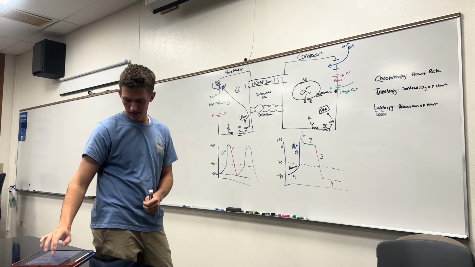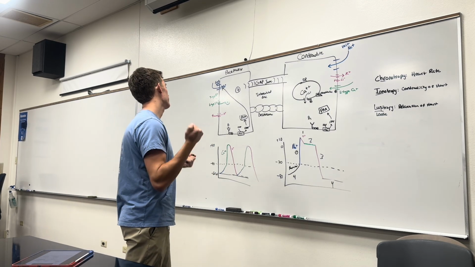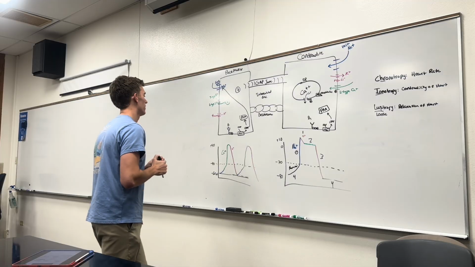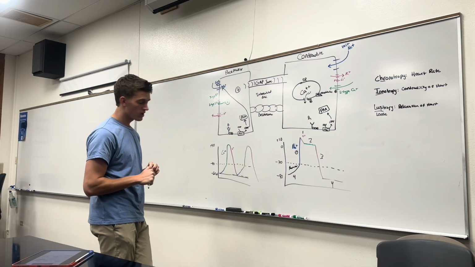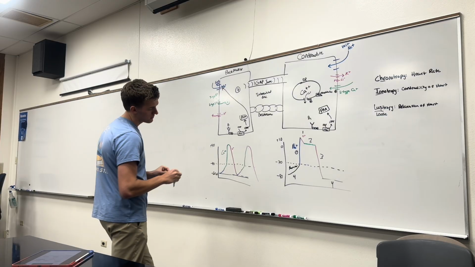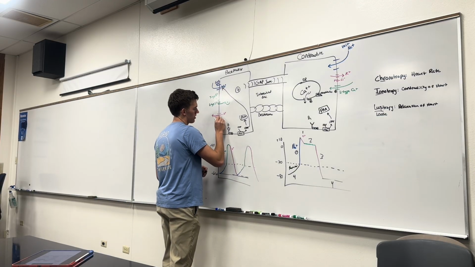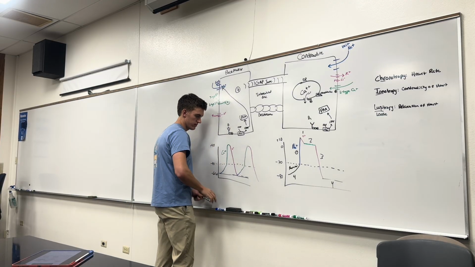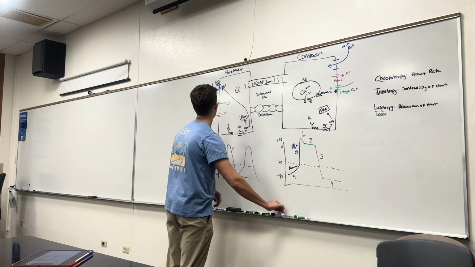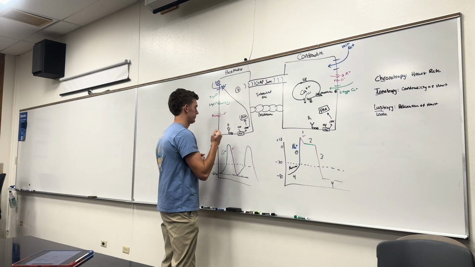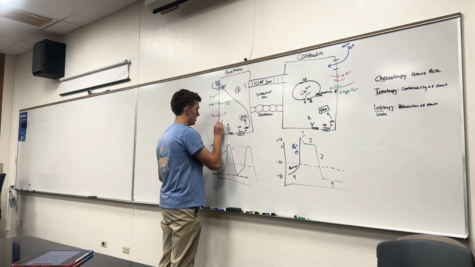Okay, last thing is parasympathetic response in the pacemaker. How will it slow down if we need it to? What's essentially going to happen here is, I'm going to do this one in, do we have red? No, we don't have any red. I'm going to do it in this pink.